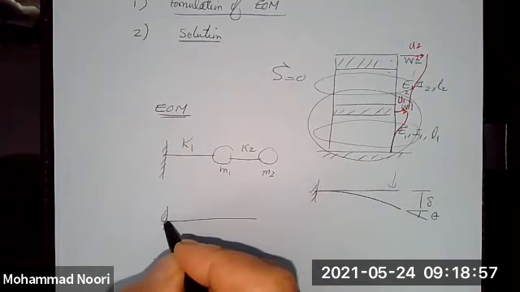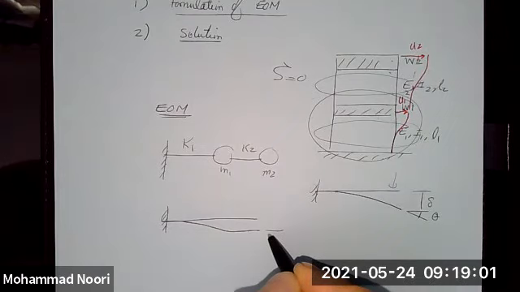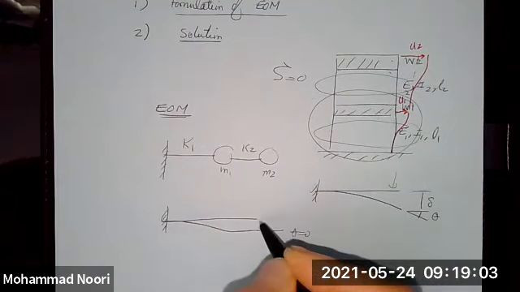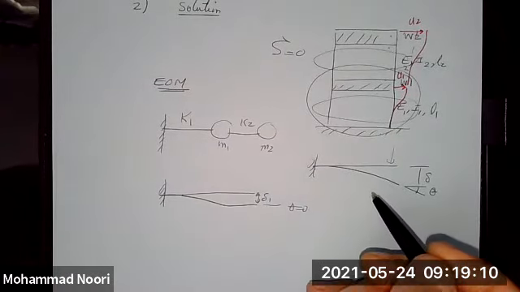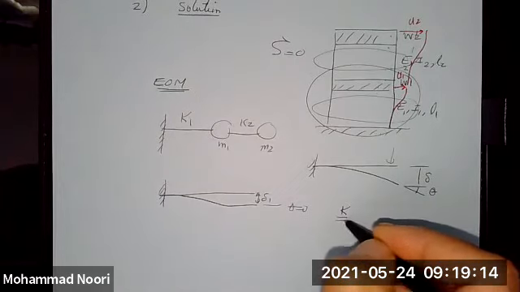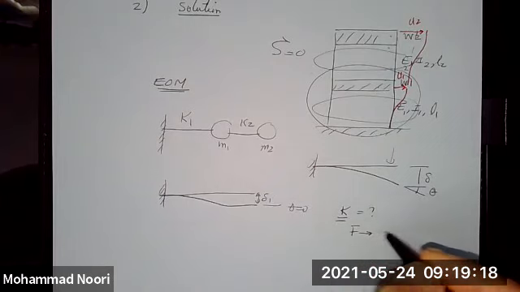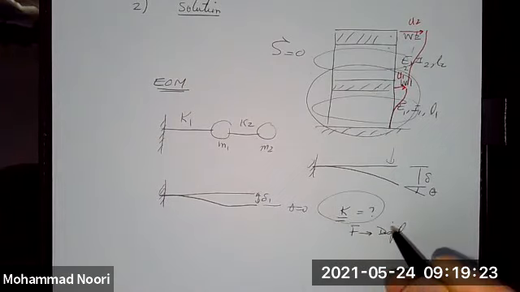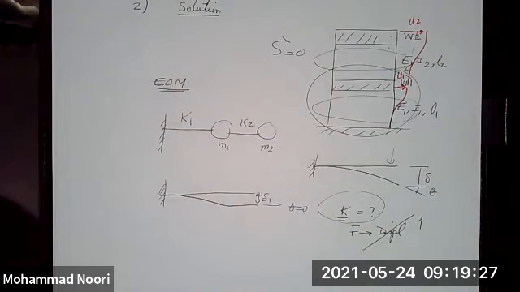So you have a system that moves like this, that is rotation is 0, and you have only a displacement. And you know that in order to find the stiffness, you need to relate force to displacement, right? Stiffness is the force that causes unit displacement.